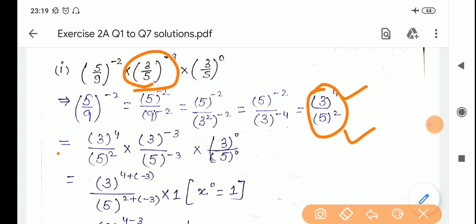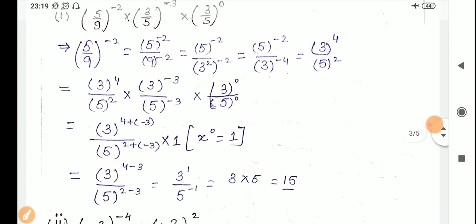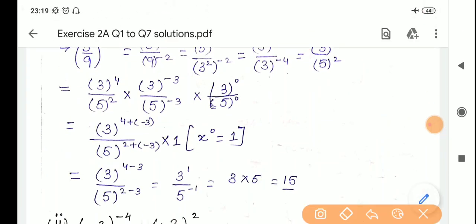So in the next step, 3^4 by 5^2 multiplied by 3^(-3) by 5^(-3) multiplied by 3^0 upon 5^0. Next step, we add the powers: 3 raised to 4 plus minus 3, and by 5 raised to 2 plus minus 3, multiplied by 1.